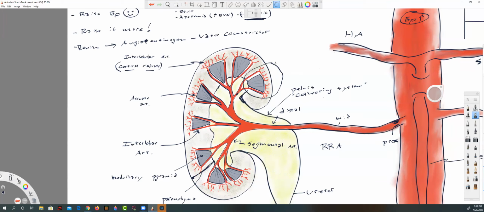But this one alone can release renin and then go to angio. So one section of one kidney is capable of creating uncontrolled hypertension.